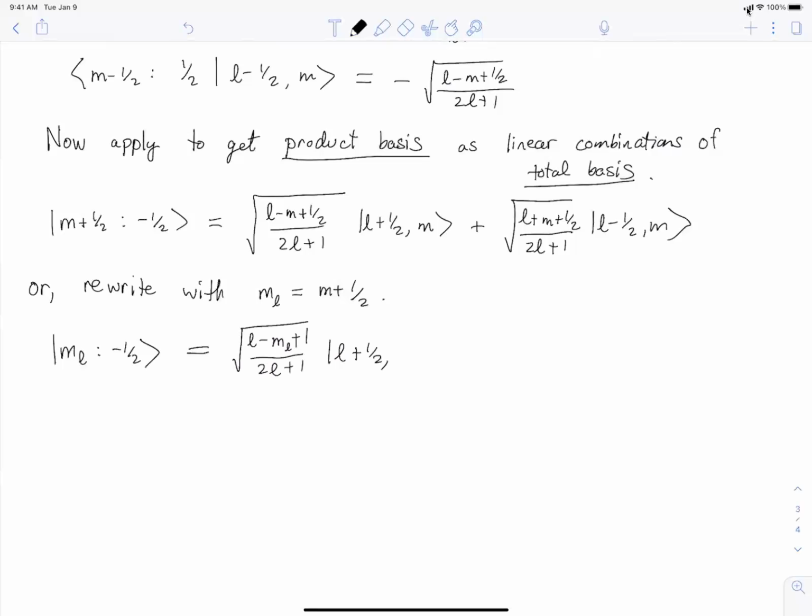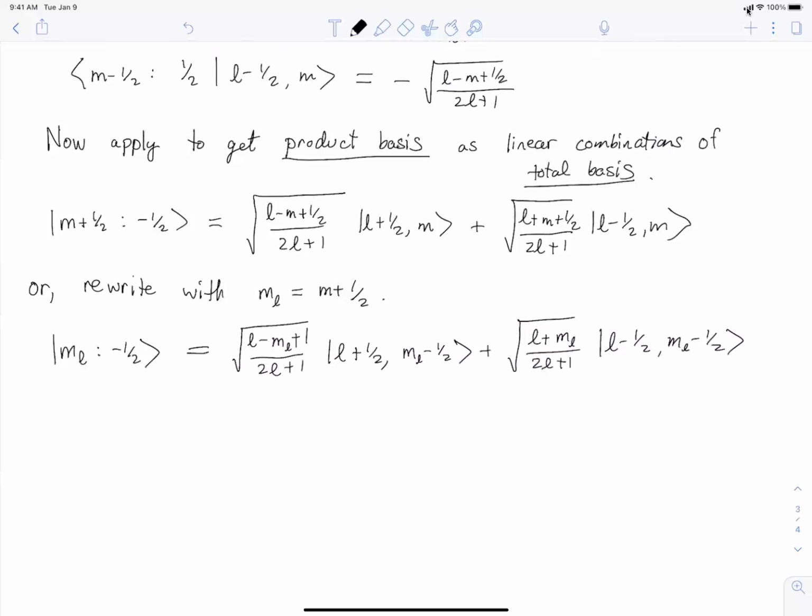Okay, and I'm rewriting M as M sub L minus 1/2. And then the last term is square root of L plus M sub L over 2L plus 1, L minus 1/2, M sub L minus 1/2.